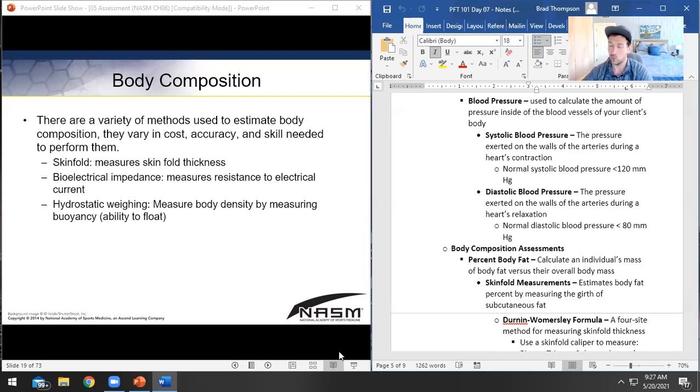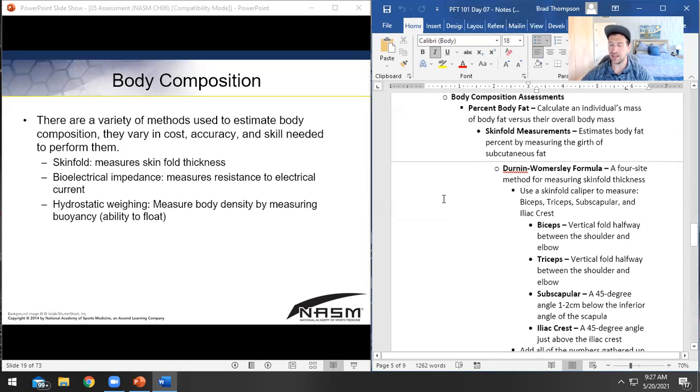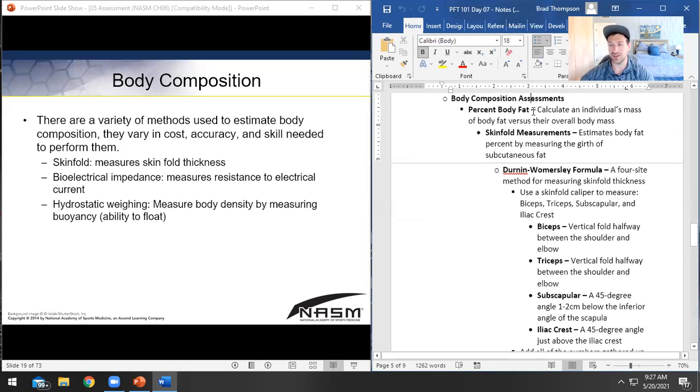That is 140/90. Or they might ask which of the following is the definition for systolic blood pressure, or the pressure exerted on the walls during the heart's relaxation is considered the blank, and then you would know that's diastolic pressure. So you might get questions like that. But yeah, that's how that works. But in the real world, you honestly probably won't even use a real blood pressure cuff.